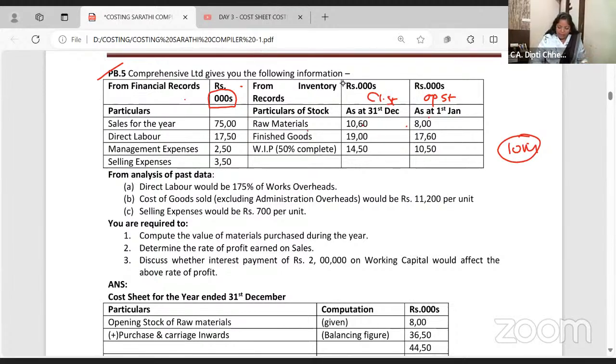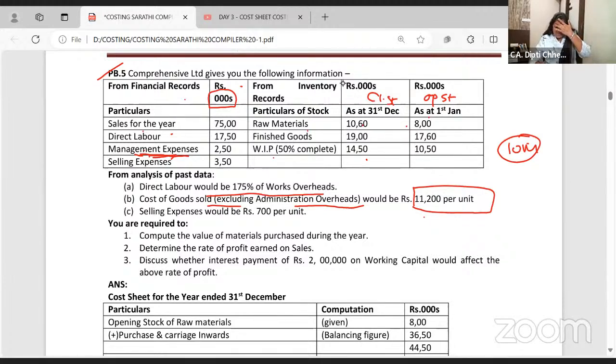Okay? Work in progress is 50% complete, sales, labor. This time it's not administrative overhead, it's like management expenses. So if general and administrative expenses we can take with sales, management expenses will come up only, admin. Direct labor is 175%. Cost of the goods sold excluding administrative overhead is 11,500 per unit.